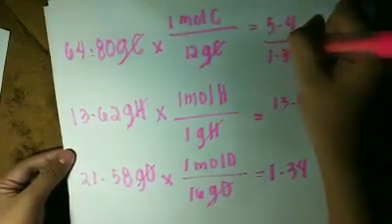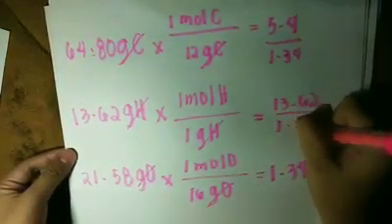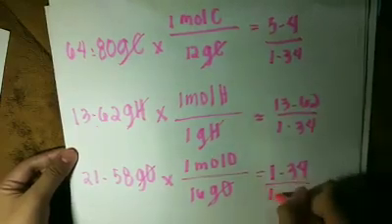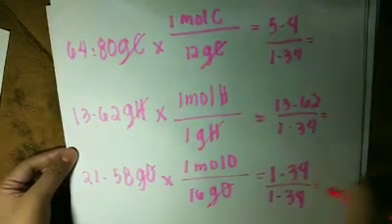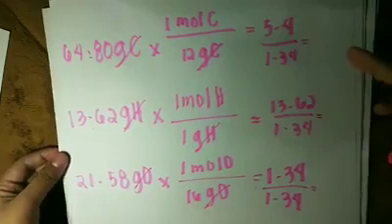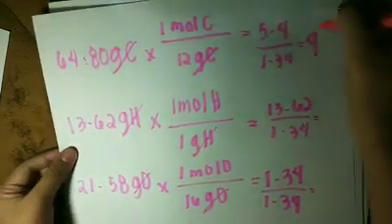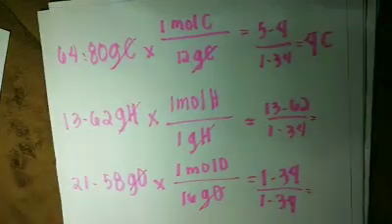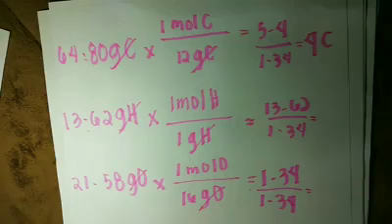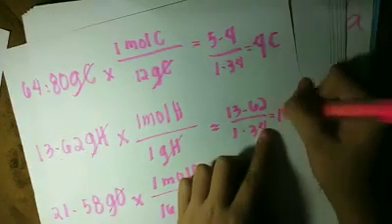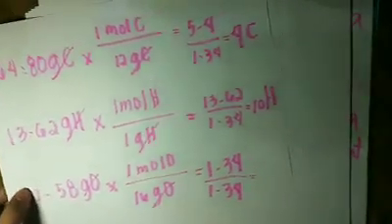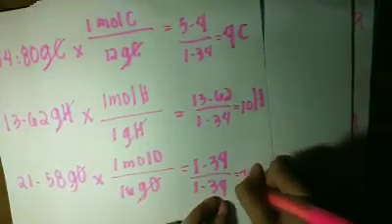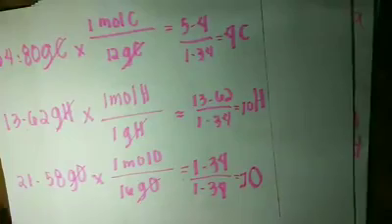Okay, 5.4 divided by 1.34 is equals to 4 carbon. 13.62 divided by 1.34 is equals to 10 hydrogen, and 1.34 divided by 1.34 is equals to 1 oxygen.